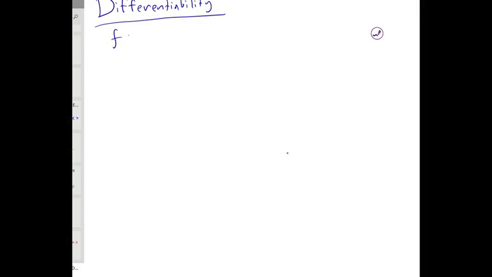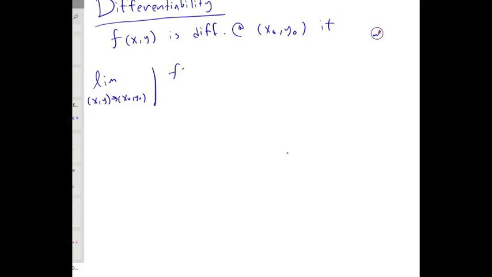There's a condition for differentiability. f of x, y is differentiable at x0, y0 if this limit, the limit as (x, y) approaches (x0, y0) of the absolute value of f of x, y minus L of x, y, so the linearization, the tangent plane equation, over the square root of (x minus x0) squared plus (y minus y0) squared, equals 0.